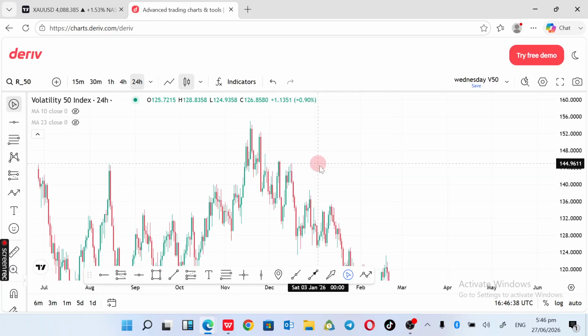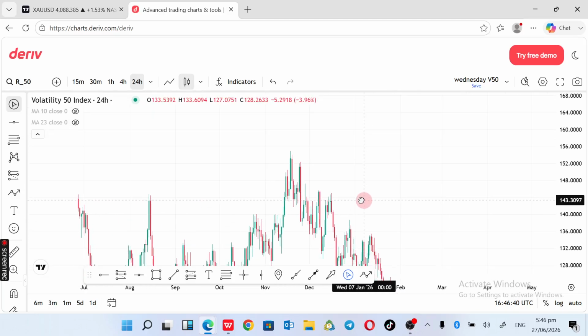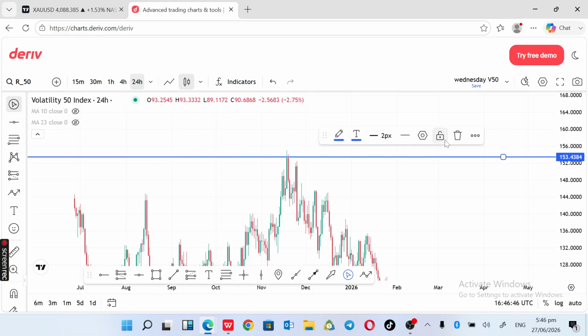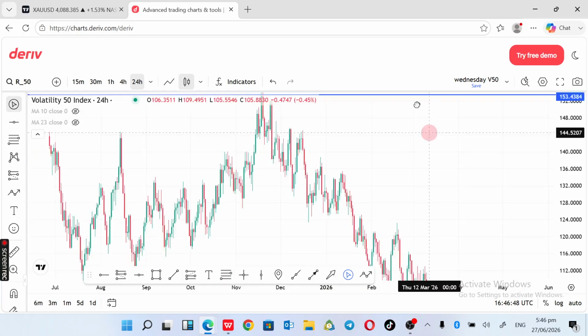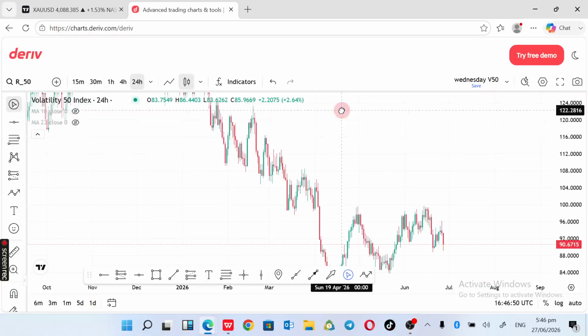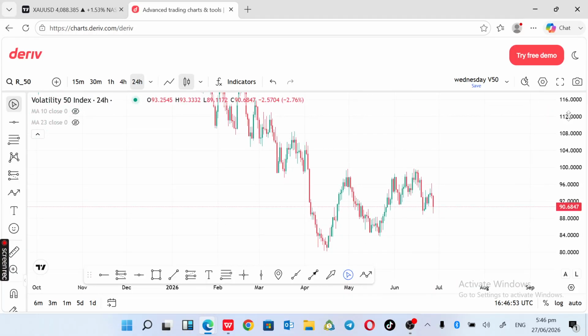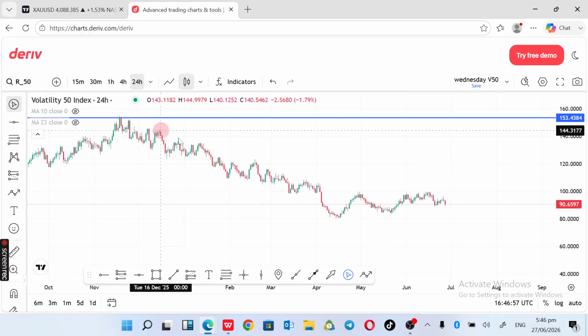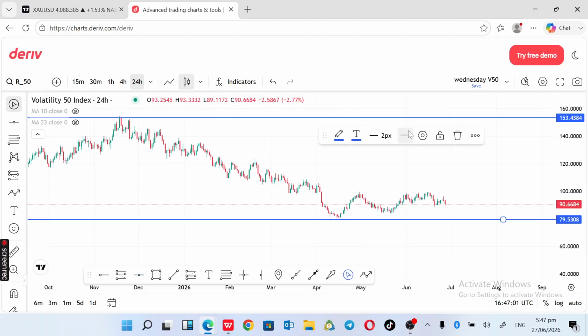Now for us to get that clearly, let's get our resistance here. This has been a very long downtrend. Now let's mark our support. So we have gotten the direction of resistance and support.